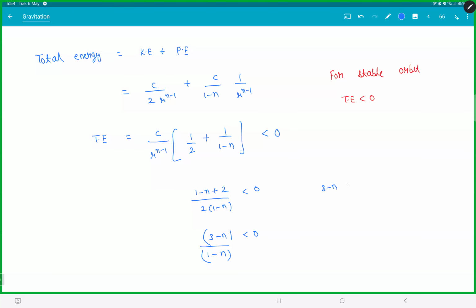I already know n must be greater than 1. If n is greater than 1, the denominator is negative. So 3 minus n must be greater than 0 and 1 minus n must be less than 0. So this will give you n less than 3 and this will give you n greater than 1. Therefore, the value of n should be between 1 and 3.